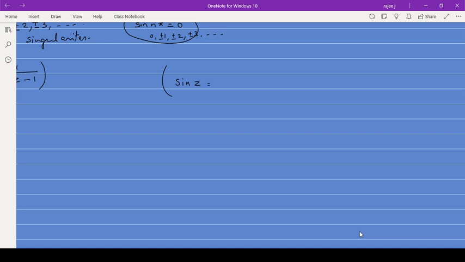That is z minus z cube by 3 factorial plus z raised to 5 upon 5 factorial, etc. This is the expansion of sin z. So here we will expand this function using that.